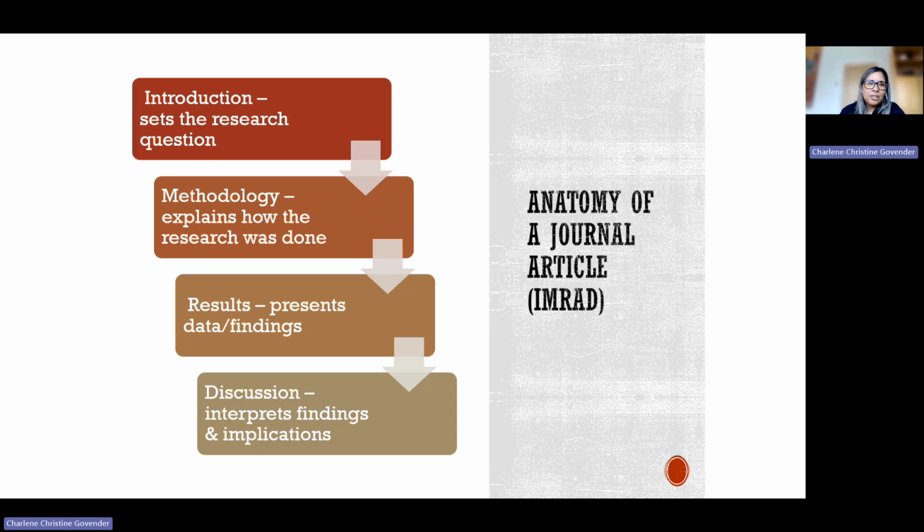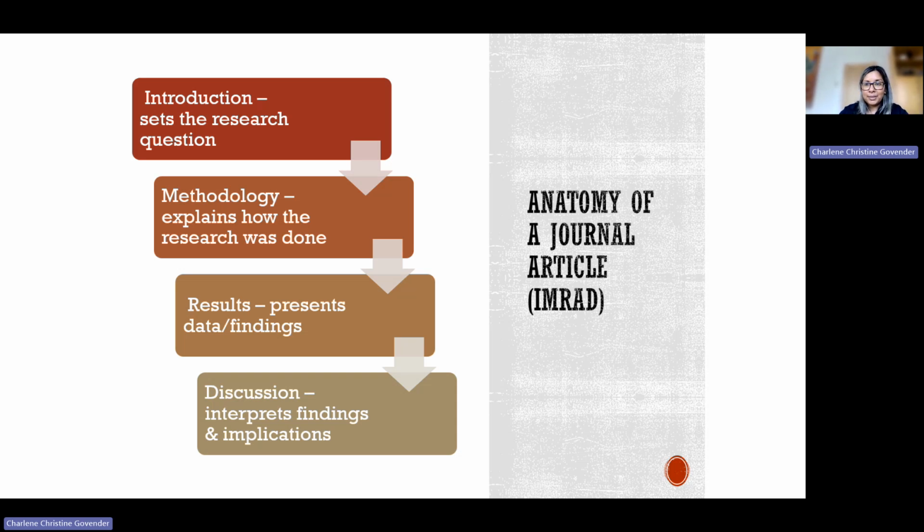The introduction will basically set out the purpose of the study and explain why the research is important. The methodology section will tell you how the study was carried out, who was involved, what tools were used, and the process that was followed.